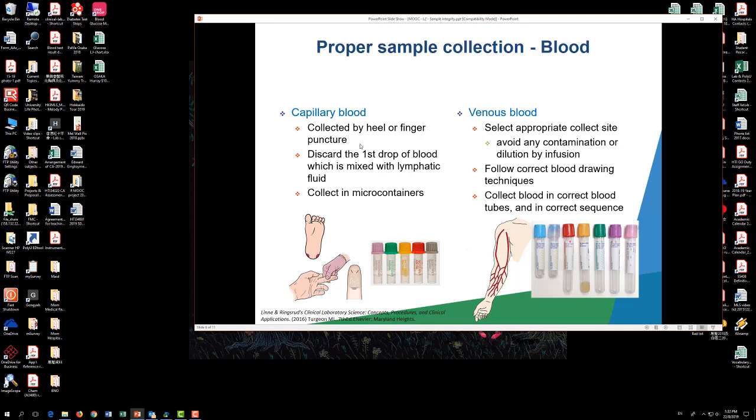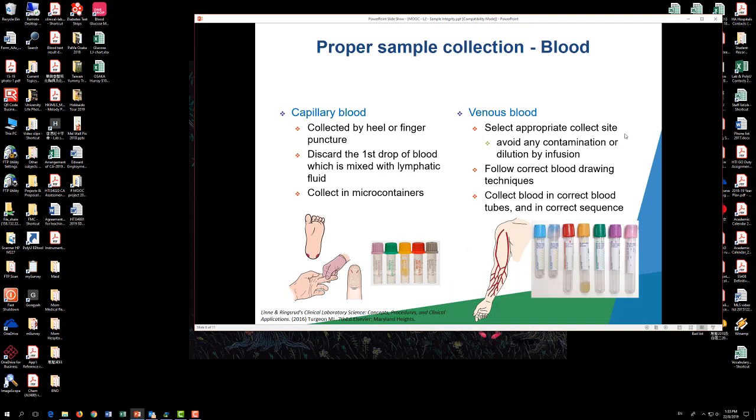The blood is collected by heel or finger puncture. The first drop of blood should be discarded in order not to mix with lymphatic fluid, so the blood won't be diluted and contaminated by lymphatic fluid. And they are collected into micro containers with a small volume.